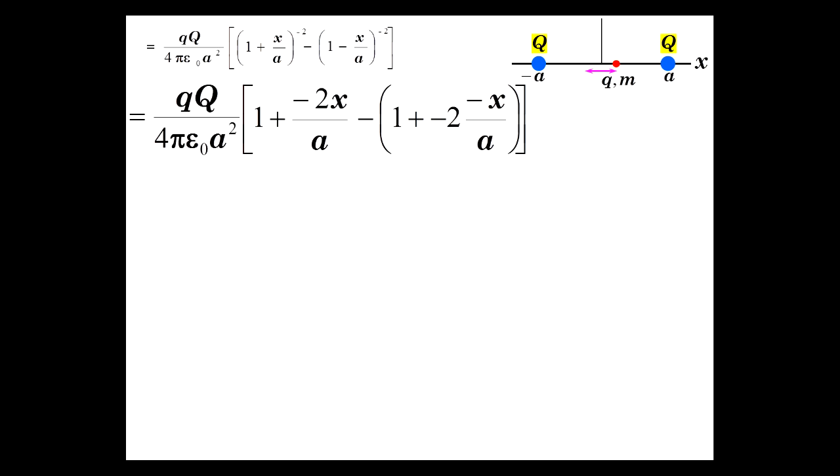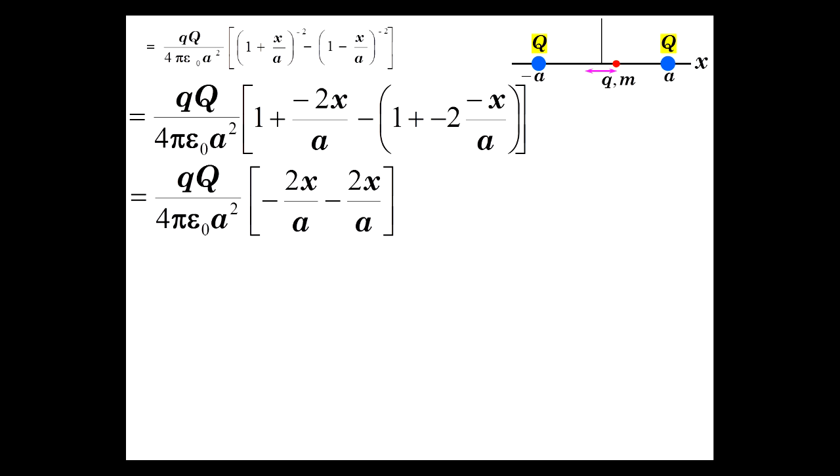All right, well, these negatives take care of each other. So this simplifies to, and the 1's go away, so minus 2x over a, the 1's gone here. This is plus, so you have a minus for the whole thing. And it's minus 2x over a, so that gives us minus 4x over a times the piece out in front.